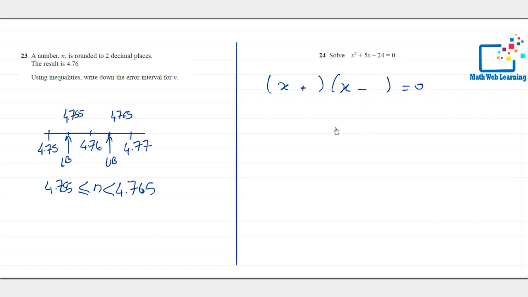I can think of two numbers. 8 times 3 is 24. And when you do 8 minus 3, it gives you 5. So it has to be minus 3 and positive 8. Okay, so that's the factorization. Now we need to go and solve it.